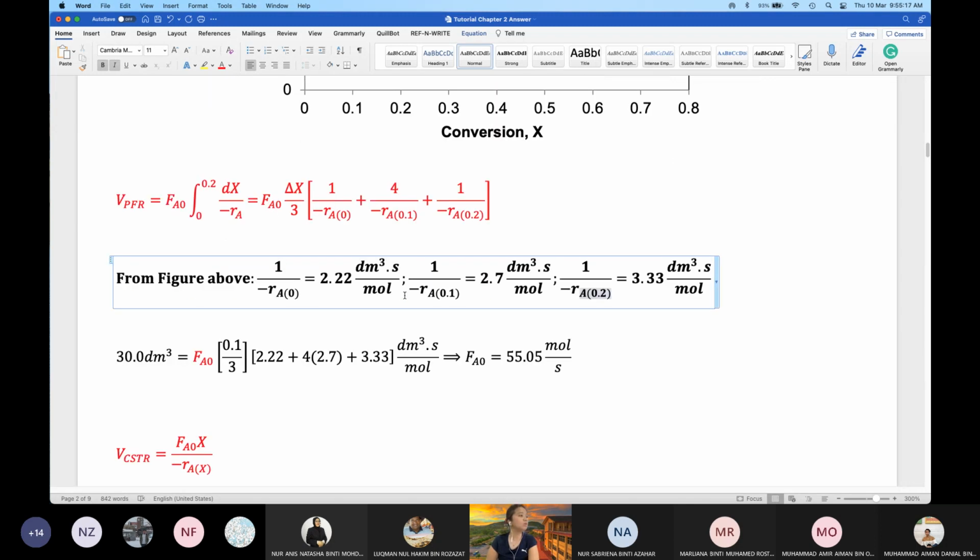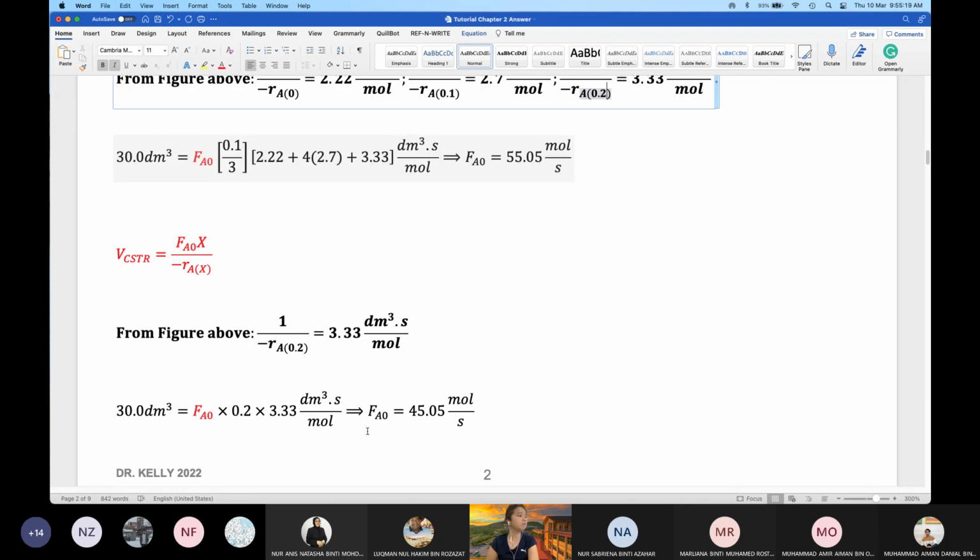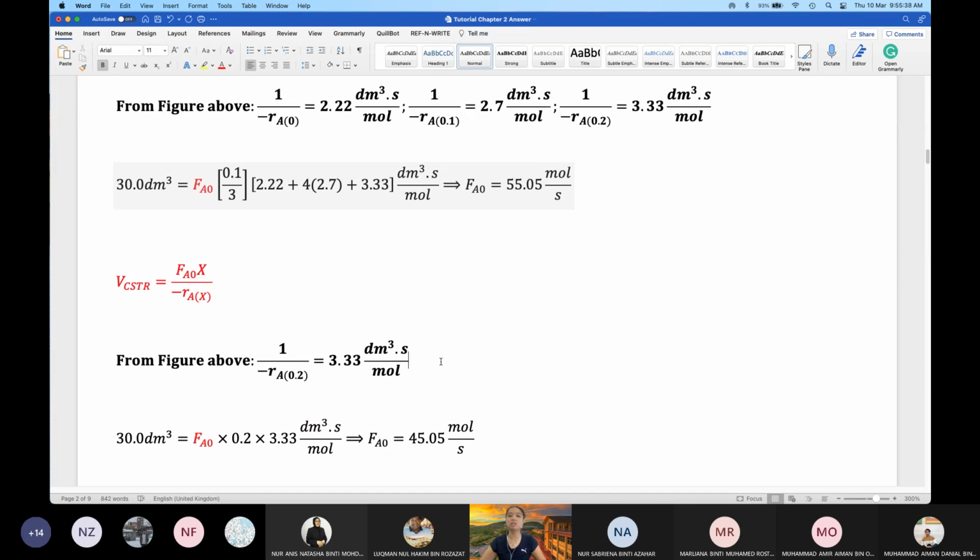So what you do, you straight away multiply with 3.33 sebab dia adalah 1 per minus RA apabila X saya 0.2, which is 3.33. So you multiply with 3.33, okay, you are left with only one unknown FA0. You can solve this, you will get your FA0 as 45.05 mole per second.